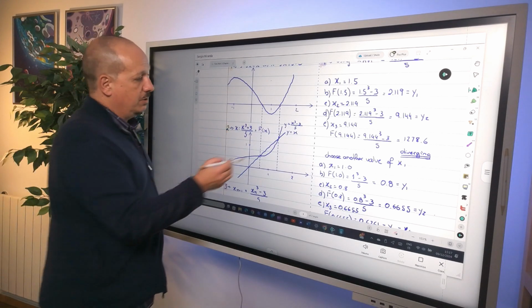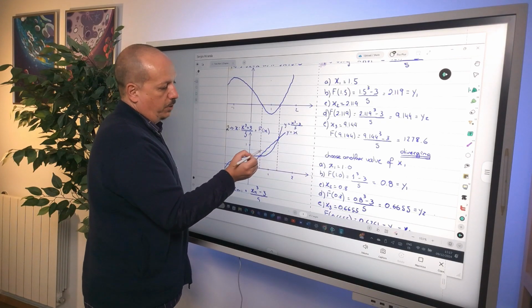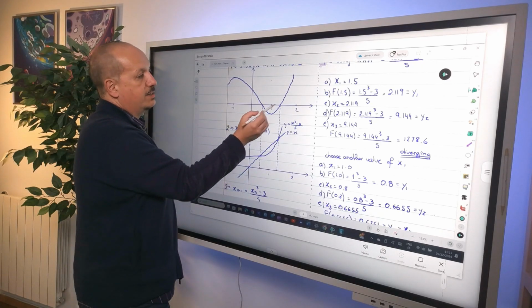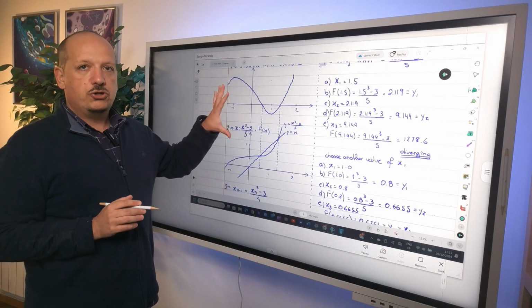And if you pay attention, you'll notice that the x-coordinates of the points of intersection of these two are going to be the same as the zeros of the original. This is the main idea that I want you to retain.